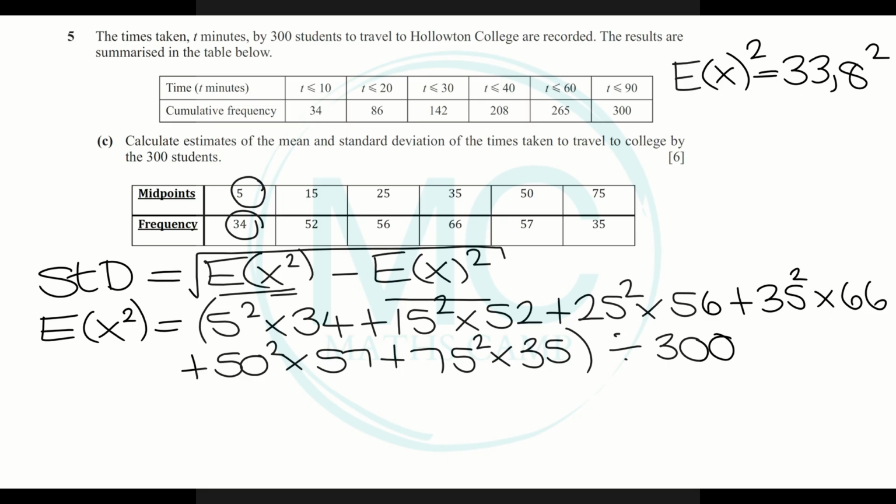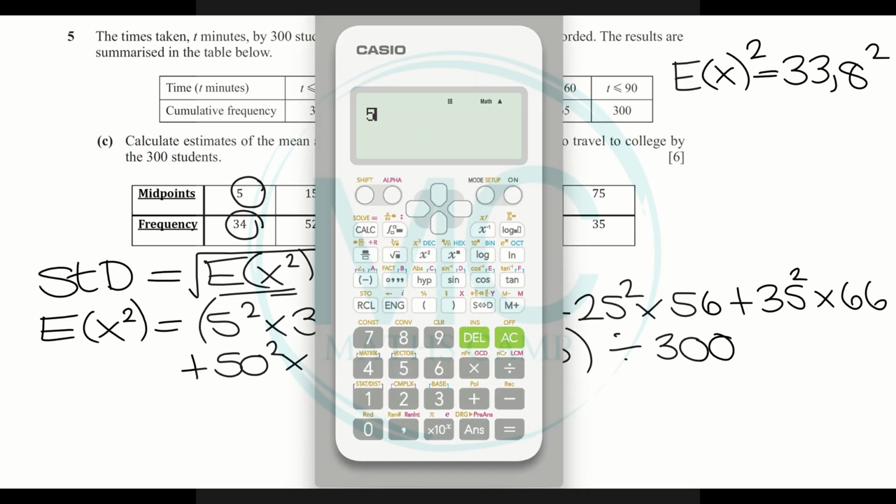So I'm going to take my calculator. I'm going to say 5 squared multiplied by 34 plus 15 squared multiplied by 52 plus 25 squared multiplied by 56 plus 35 squared multiplied by 66 plus 50 squared multiplied by 57 plus 75 squared multiplied by 35.